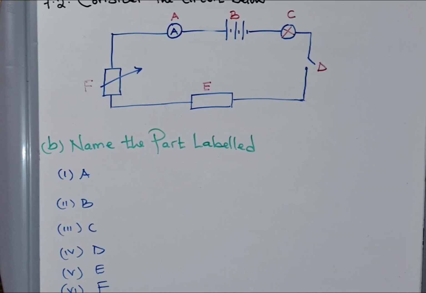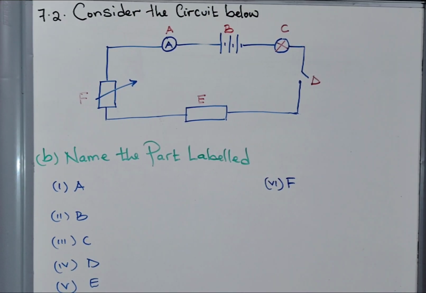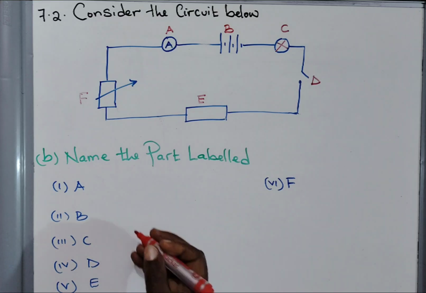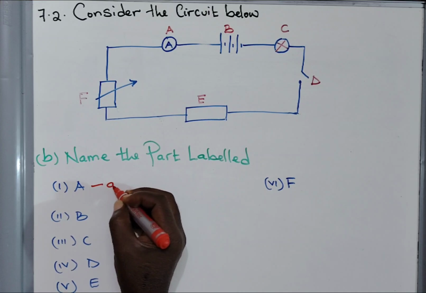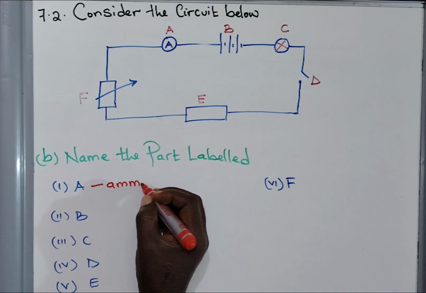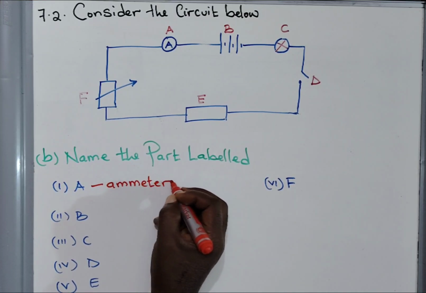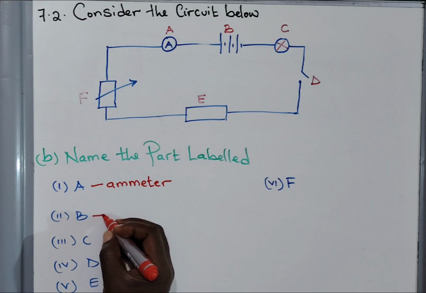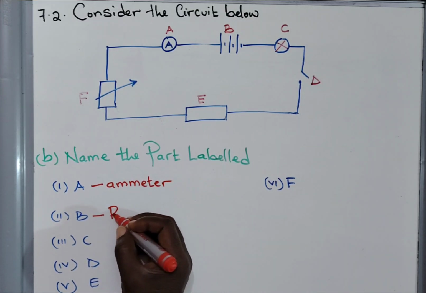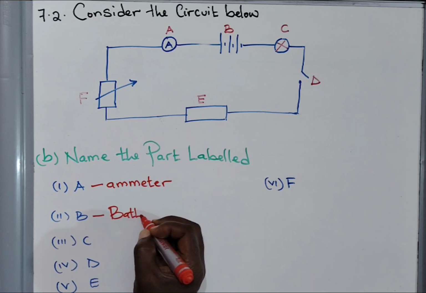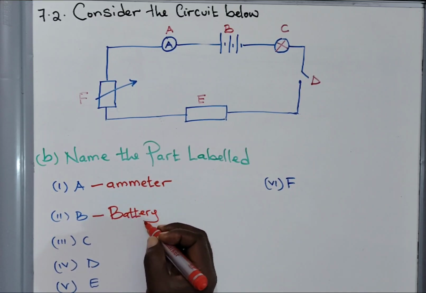Then we come to this one. It says, name the part labeled. The first one is A. What is A? A is ammeter, a device which measures current. What is B? B is battery, an assembly of cells.